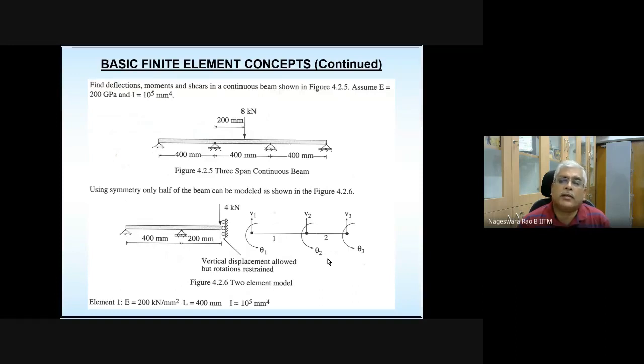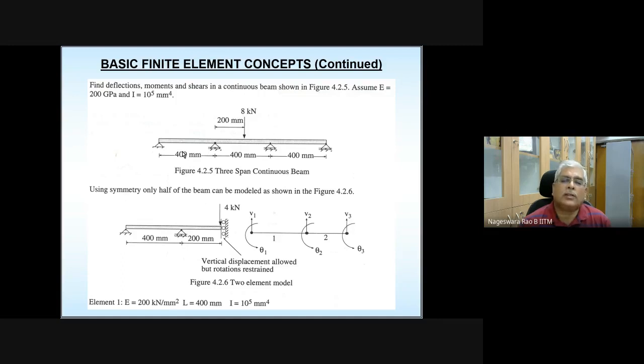All those things you need to be careful about. Here this is a 3-span continuous beam. And we just noted that the 2-node beam element that we developed is going to capture exactly up to linear bending moment and up to constant shear.